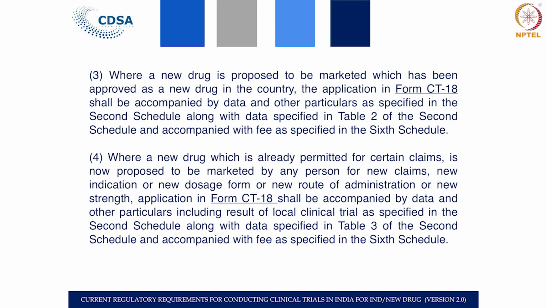It is all the same as for the previous one. The local clinical trial data has to be specified as well as the other requirements as per the second schedule, along with the data specified in table 3 of the second schedule and the fees as per the sixth schedule. So, for all these, you have the chemistry manufacturing control data, that means your manufacturing details, your stability, your other requirements related to the drug, and you have the clinical trial data.